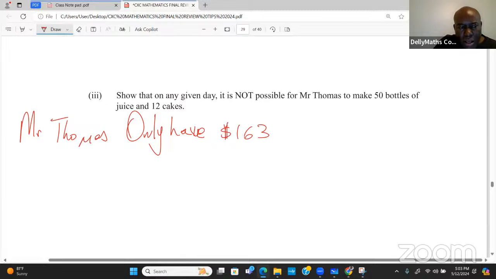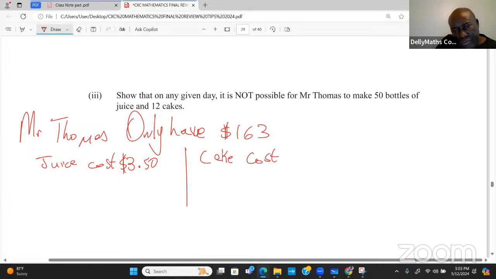Now, remember that the juice costs $3.50 and the cake costs $5.25, so this is X and this is Y. All we're going to do is work out and see if this money adds up.